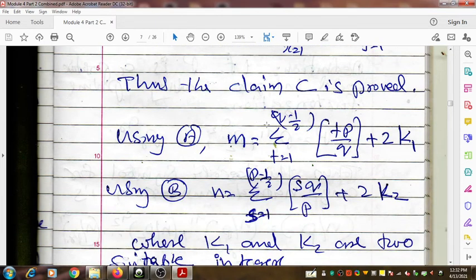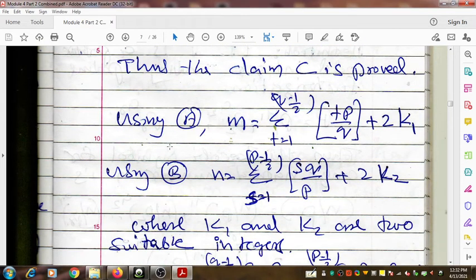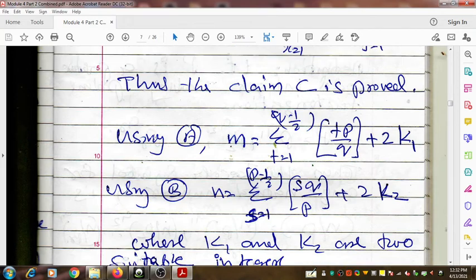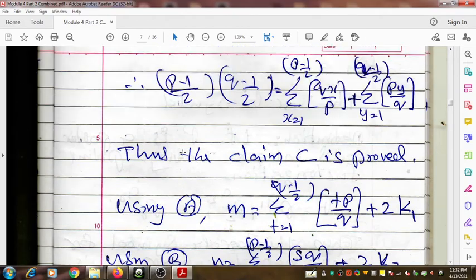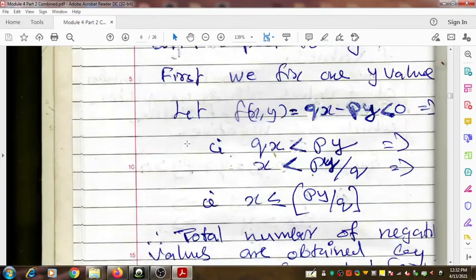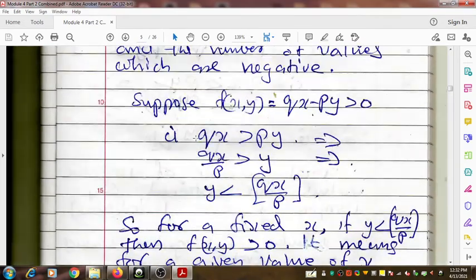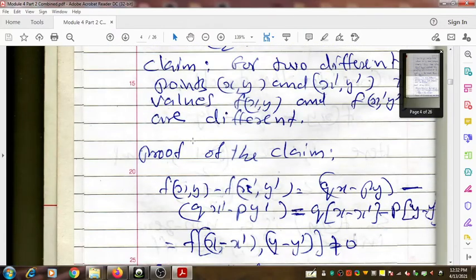Okay, next, we refer to expression A. Using the expression A, in this proof itself, in the beginning we have the expression A, we have to refer to that.